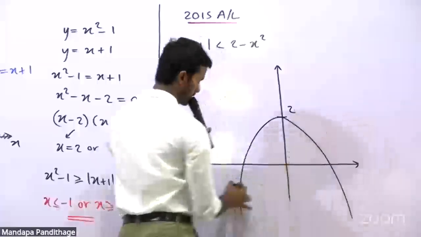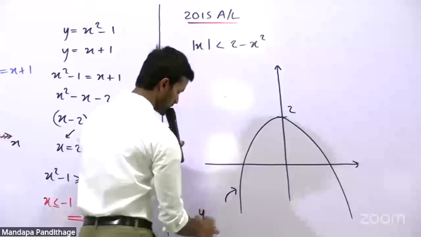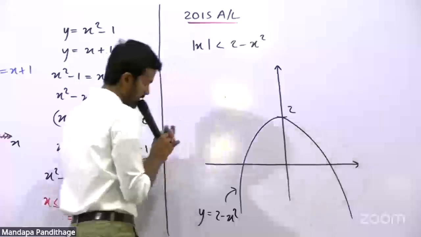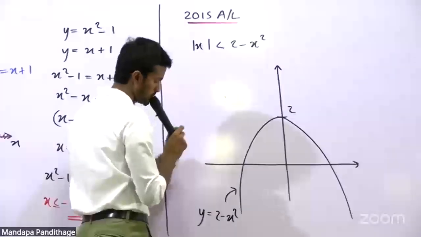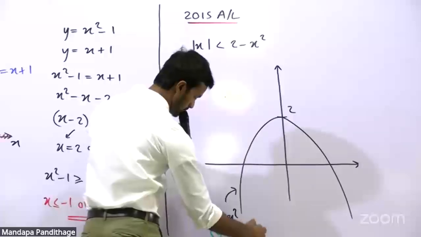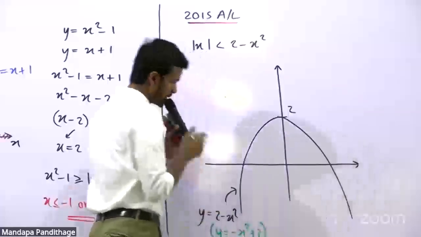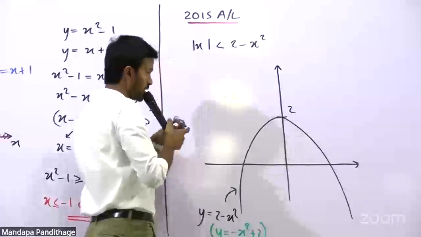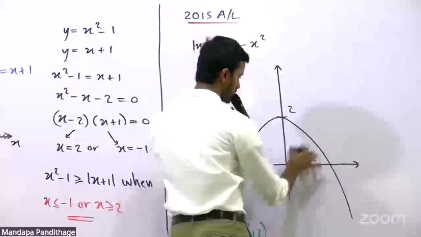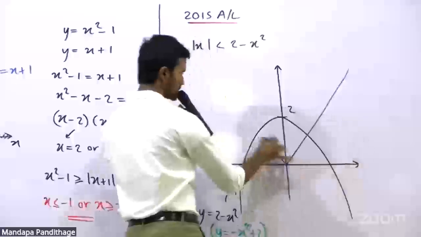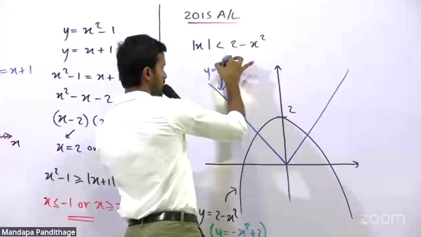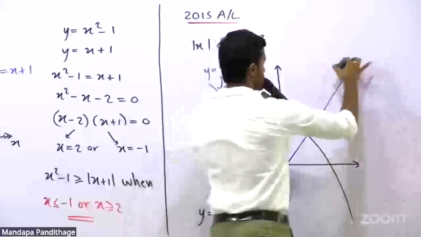Here it's 2, and this one is y equals 2 minus x squared, the same thing as minus x squared plus 2. So it's clear that the minus x squared graph has gone up by 2 units. And then we have modulus x. So modulus x is y equals x and y equals minus x.